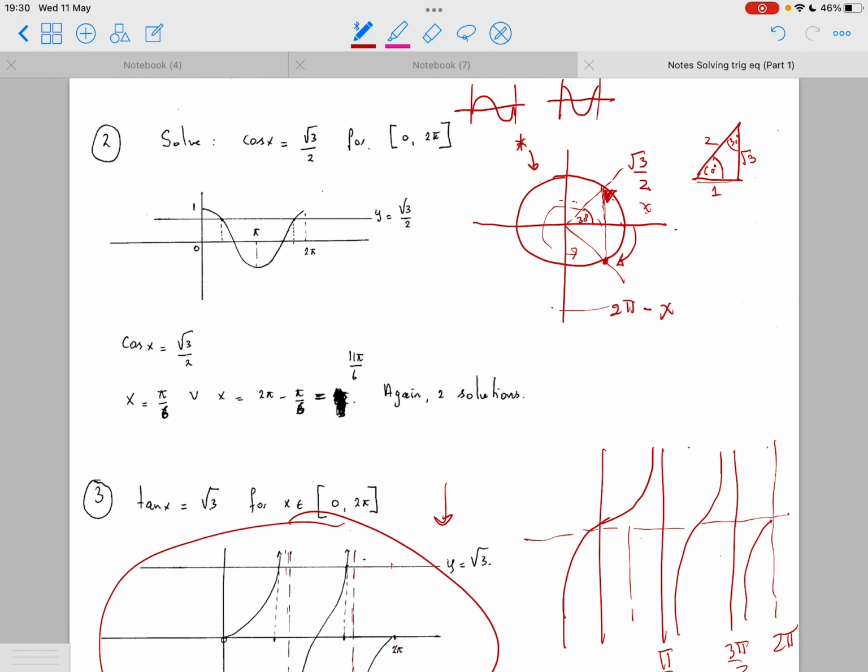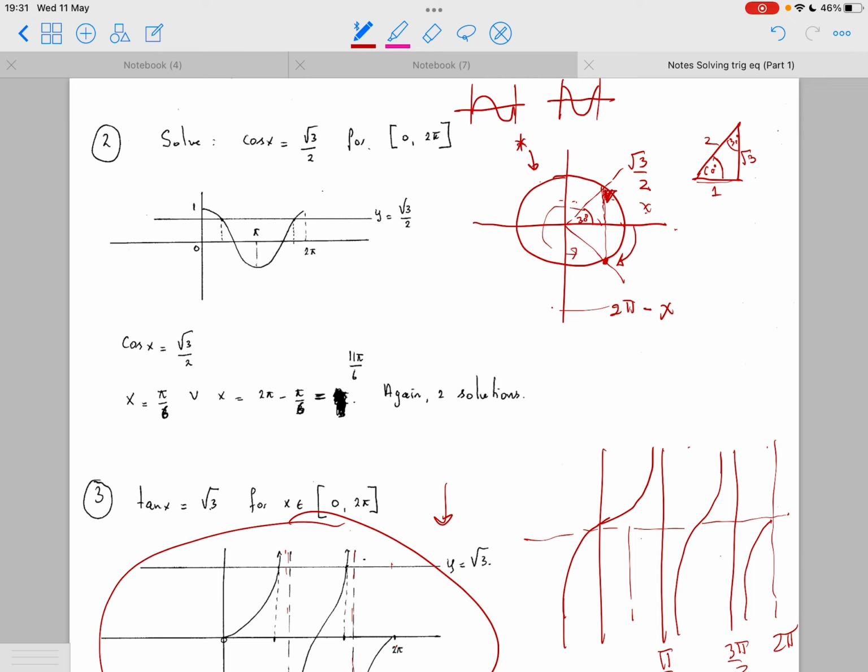And so going back to question 2, you start from drawing the sine curve, sinusoidal periodic curve, cosine curve, and then unit circle.